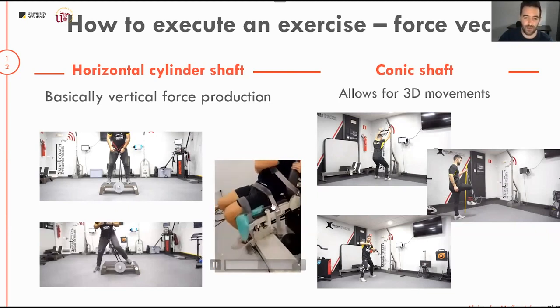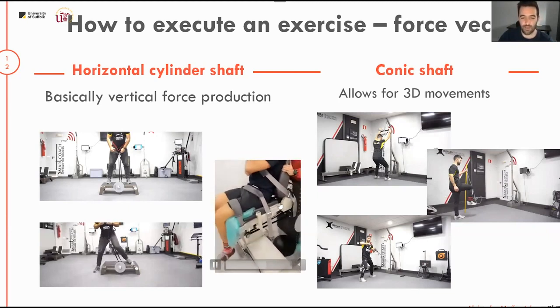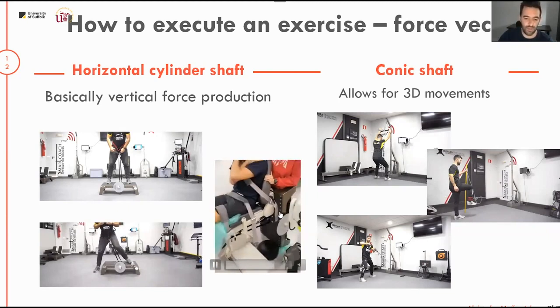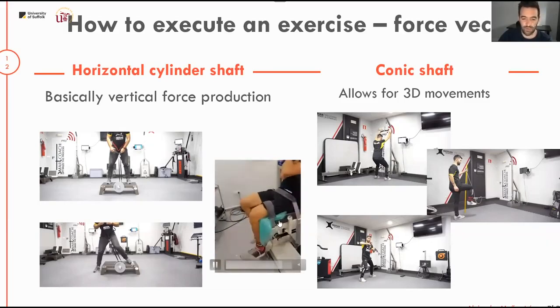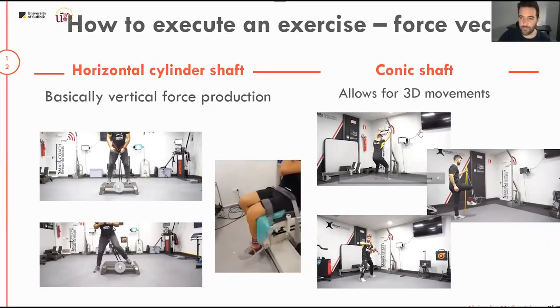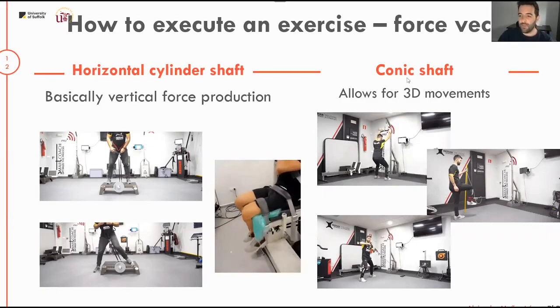This is the back of a Biodex isokinetic dynamometer, and this is a research we did doing leg extension during 30 repetitions. In contrast, when you use a conic shaft, it allows for 3D movements. Okay, so many people use this option to replicate the specificity of the movement in the real sport, as you see here.